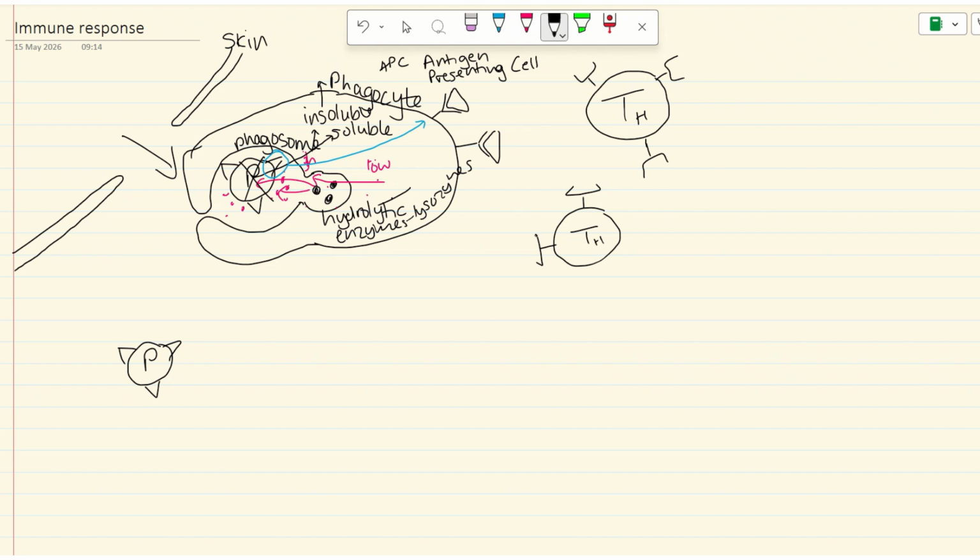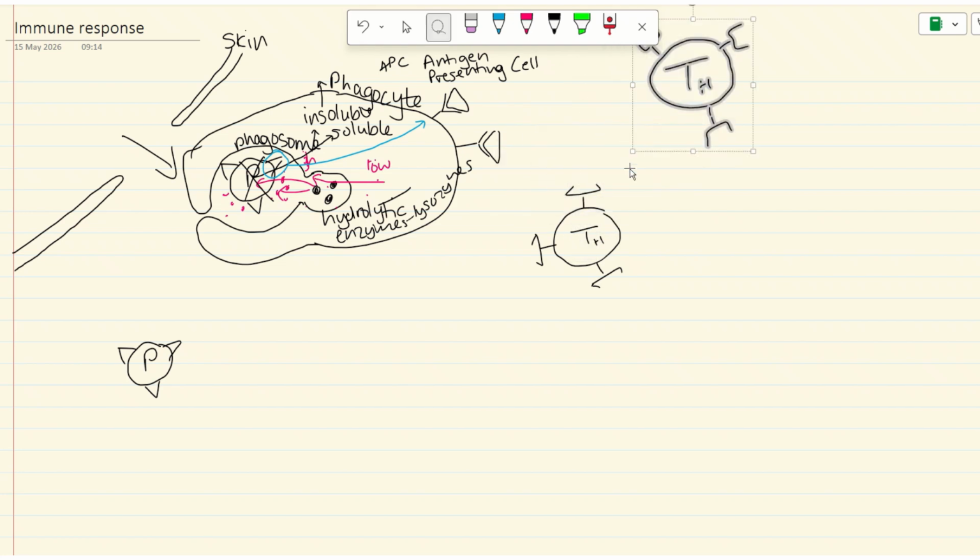And it's the T helper cell with the complementary molecules on its surface that will attach to the APC. So this one is not complementary, it's not going to attach. This one is complementary, so it is going to attach. I should have drawn it a bit bigger, but you get what I'm saying.